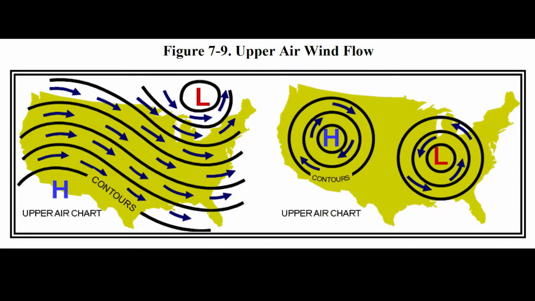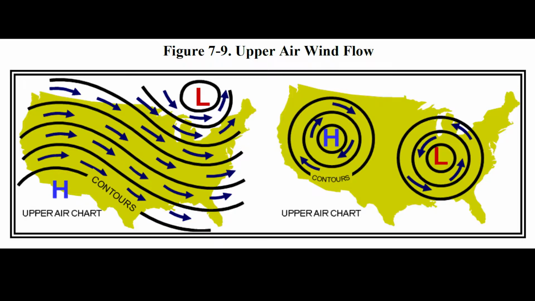Now, something to talk about as we get into how this affects weather systems in general. As the air circulates around a high pressure system or a low pressure system, I believe 7-9 is the one we had up before, the air will spiral inwards towards the low and outwards away from the high.